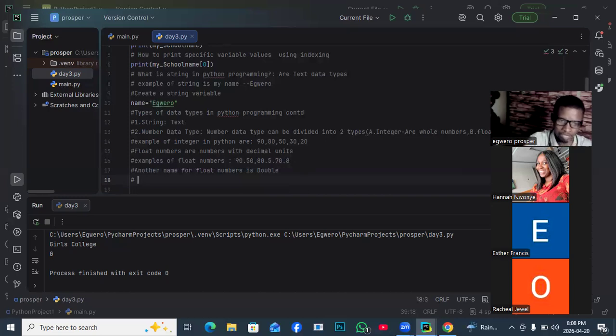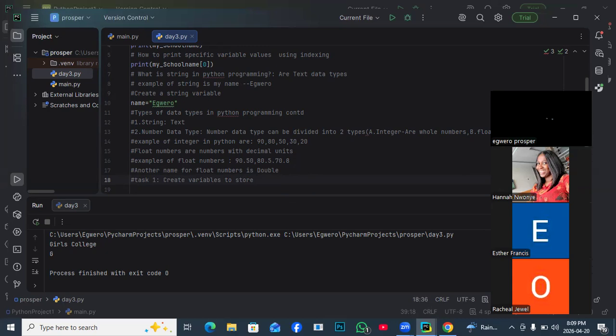But before that, let's create variables that store numbers, whether integer numbers or float numbers. This is the first task for tonight. Task 1: create variables to store computer numbers.